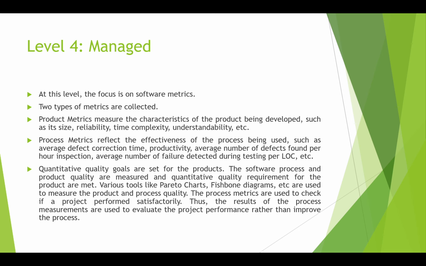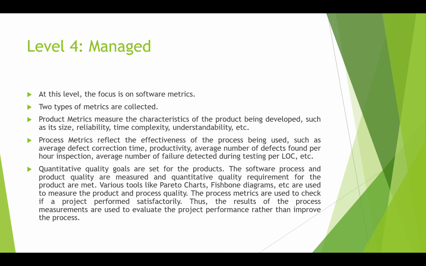The product metrics like size, reliability, and defect density can be used for checking how the product has been developed, what is the size of the product, what is the reliability, how much time it takes to process something, and whether the product can be easily understood by the user or not. This kind of metric is used for product metrics.